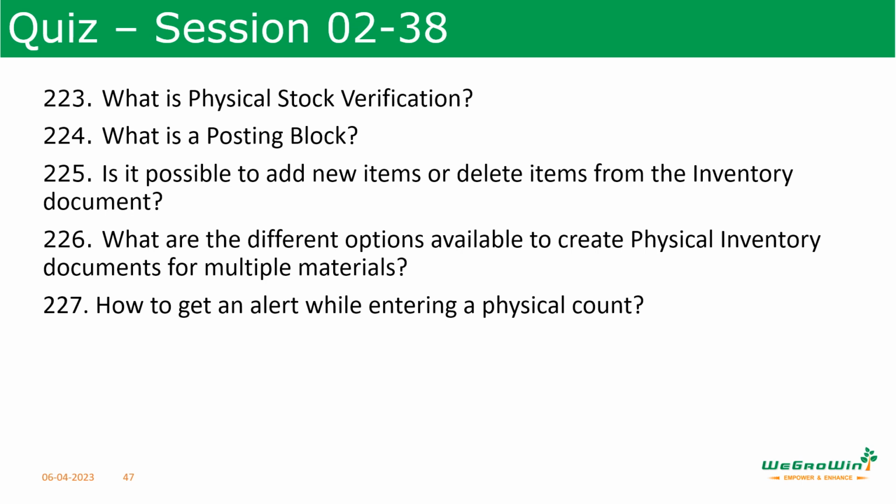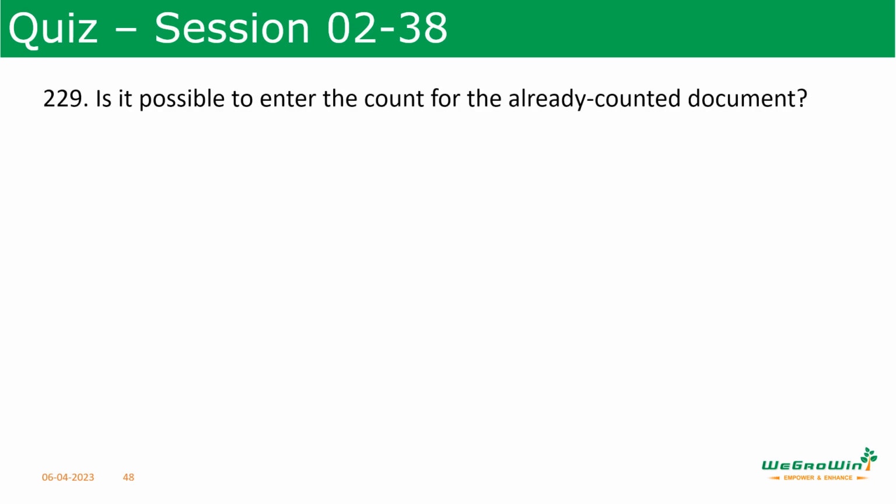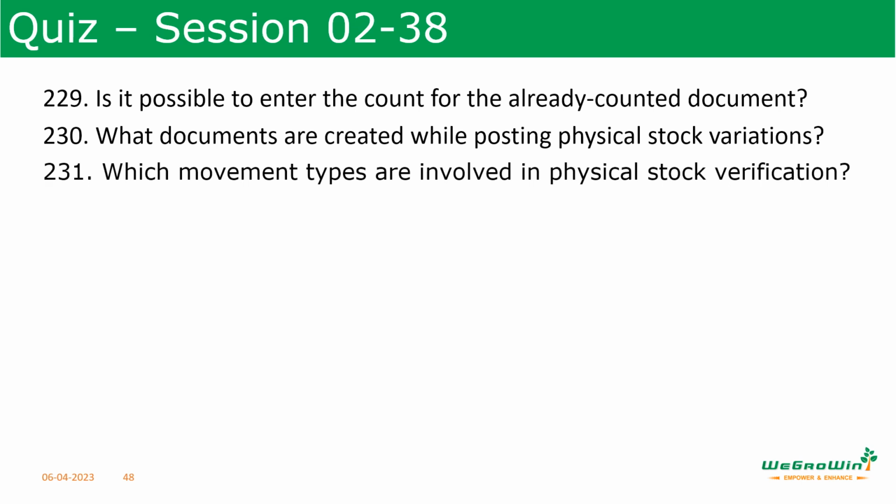How to get an alert while entering physical inventory document? If there is a nil stock for material during counting, what should be done? Is it possible to enter the count for the already counted document? What documents are created while posting physical stock variations? Which movement types are involved in physical stock verification?